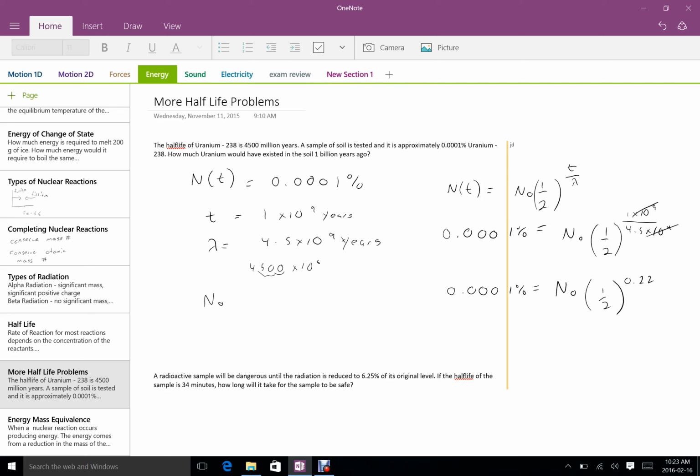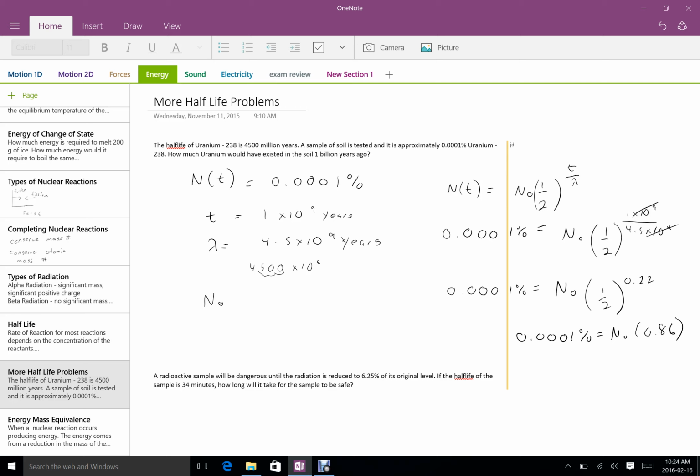I can do that on my calculator. 0.5 to the 0.22 is 0.86. So 0.0001% is equal to the original amount times 0.86.